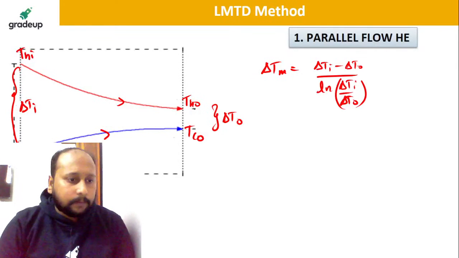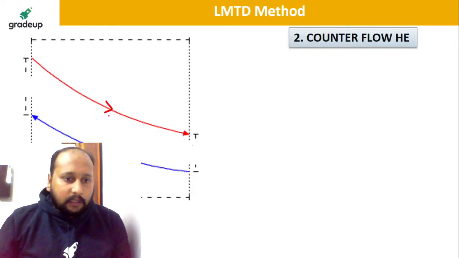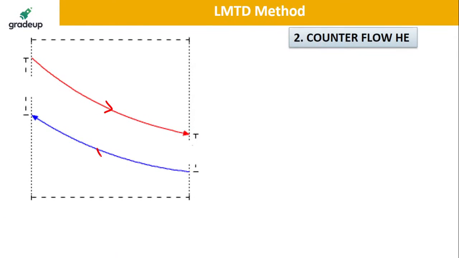But if I talk about counter flow, this is your hot fluid and this is your cold fluid. This is your Tho, this is your Tci, this is your Thi, and this is your Tco. The temperature differences are delta To and delta Ti.